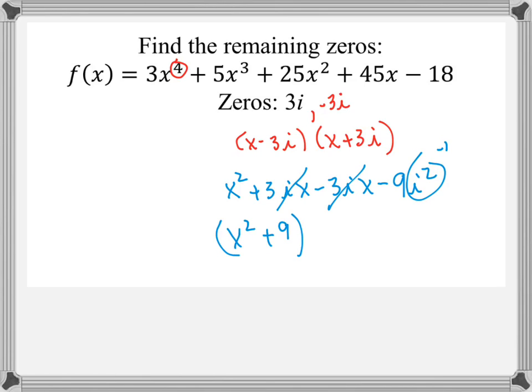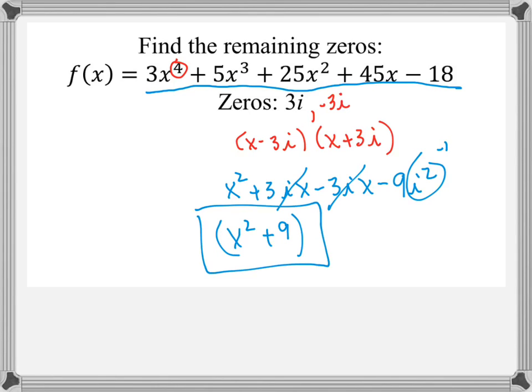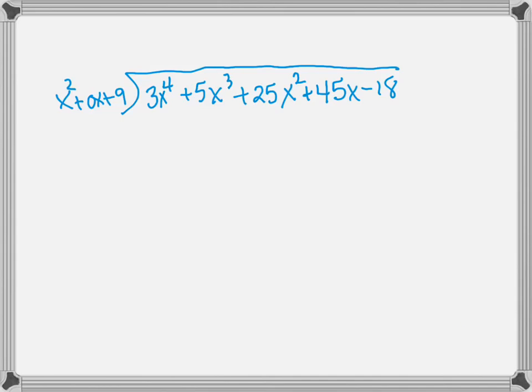Because x squared plus 9 is a quadratic factor, we need to use long division. So setting up long division, where I'm dividing 3x to the 4th plus 5x cubed plus 25x squared plus 45x minus 18 divided by x squared plus 9. I did put in a 0x as a placeholder.